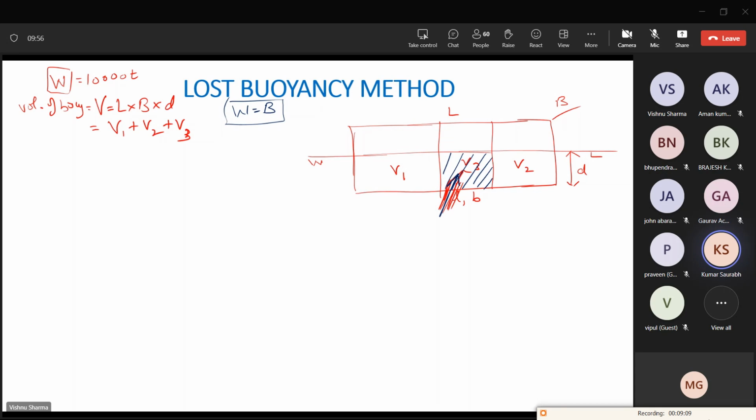It will change with the rolling and pitching. Why? Because the level inside has to be the same as the draft outside, and when the vessel rolls and pitches, the draft at that compartment location will change, causing the level to change.